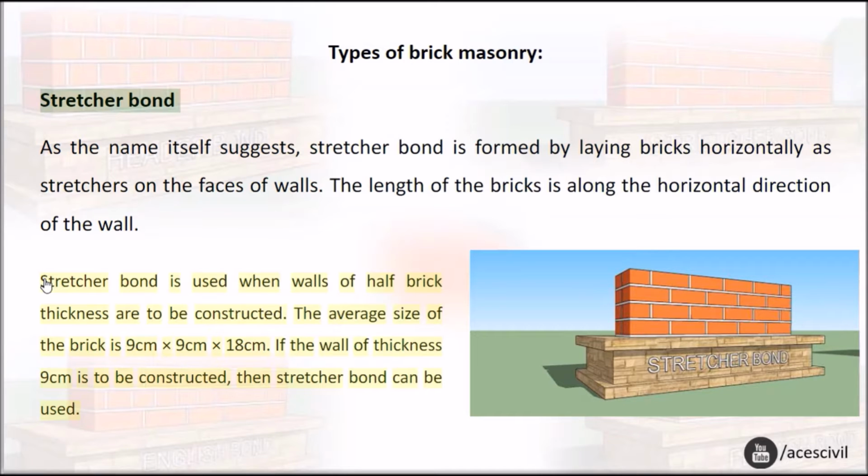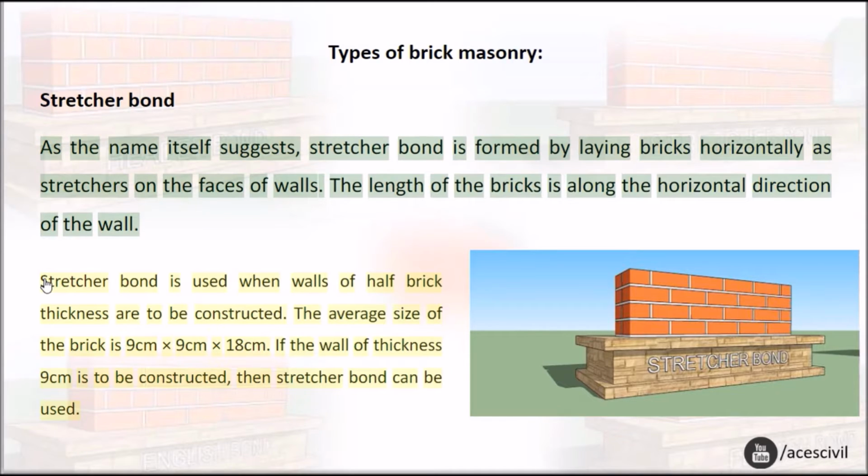Stretcher bond. As the name itself suggests, stretcher bond is formed by laying bricks horizontally as stretchers on the faces of walls. The length of the bricks is along the horizontal direction of the wall.